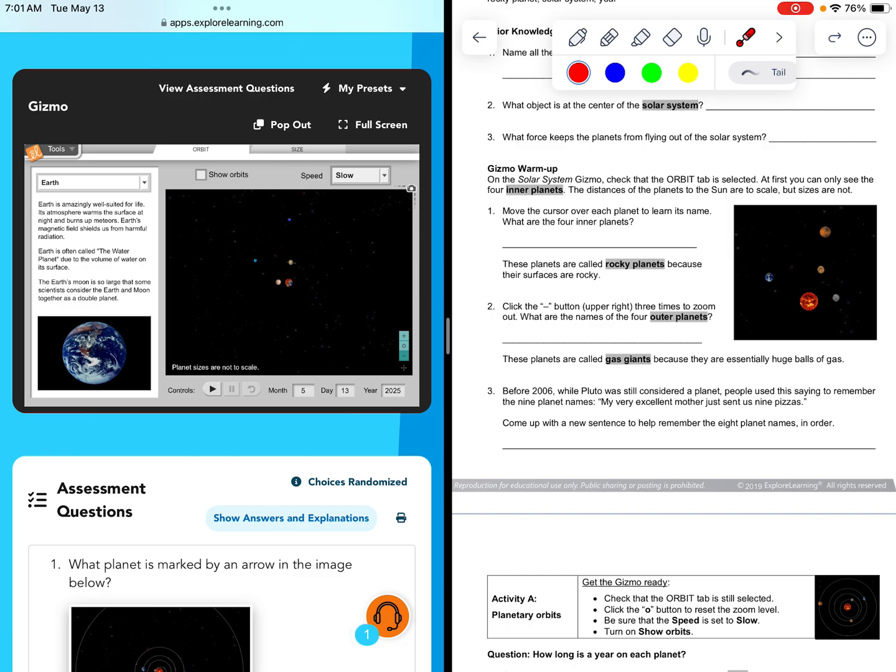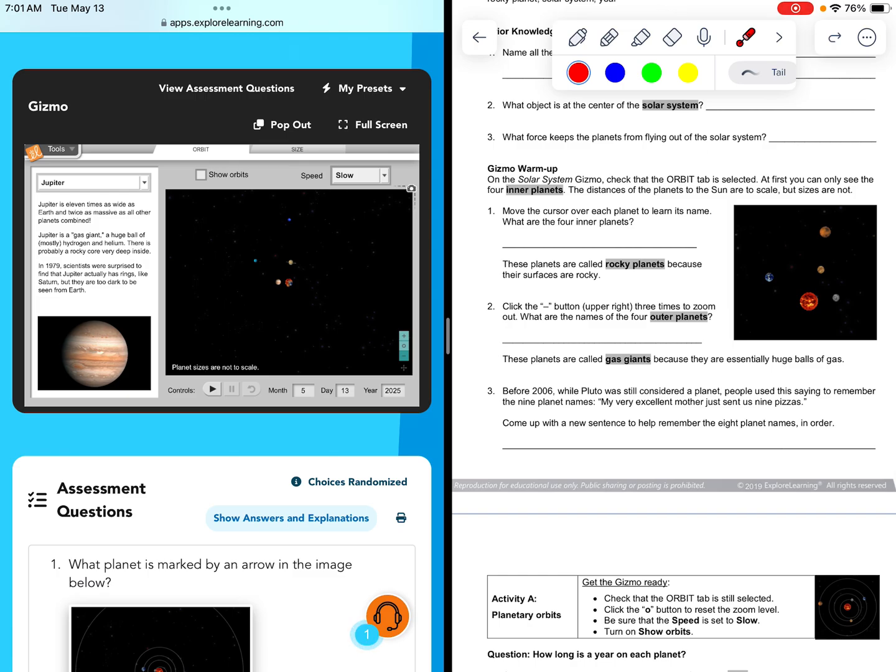And I think it said to do it 3 times. I know this is quite small, but it'll be bigger on your iPads once you're doing it. And you're going to hover on or click the names of the planets like we did before to change those and list the 4 planets.